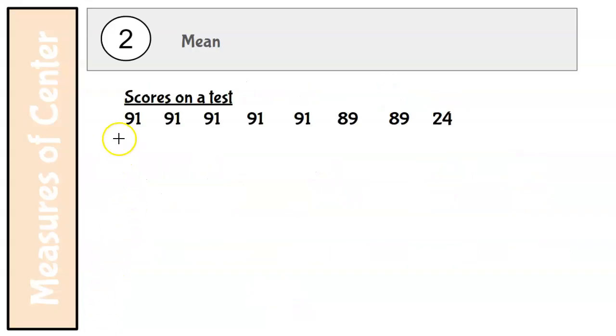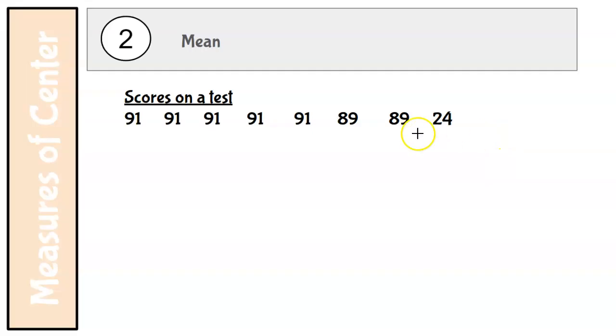Let's say we had these scores on a test. So a bunch of students scored 91, somebody scored an 89, a couple of people did, and then somebody scored a 24. So to find the mean, basically we'd be taking some of the 91 and giving it to the 24 and some of this 91 and giving it to the 89s until we average them all out.